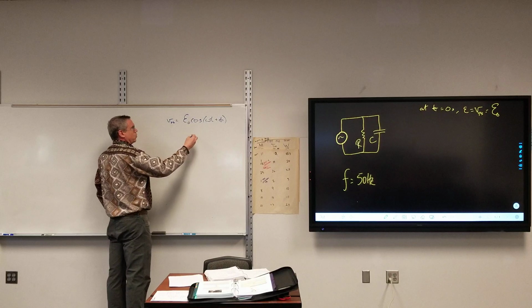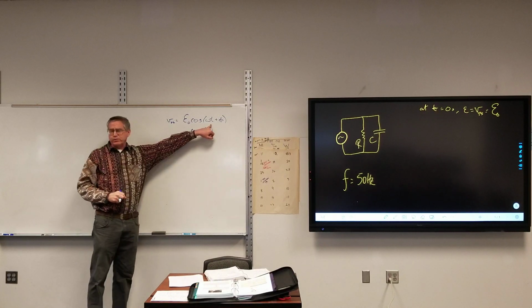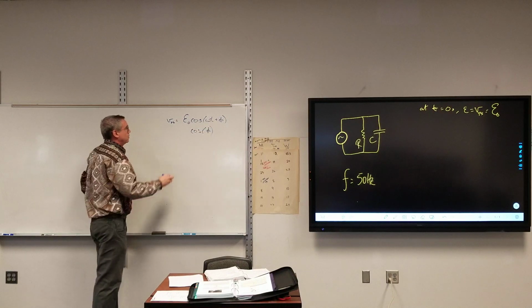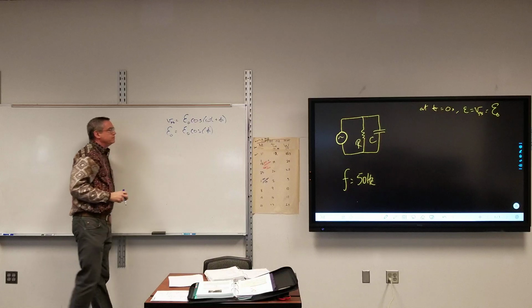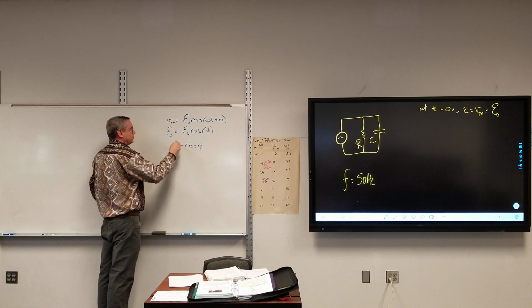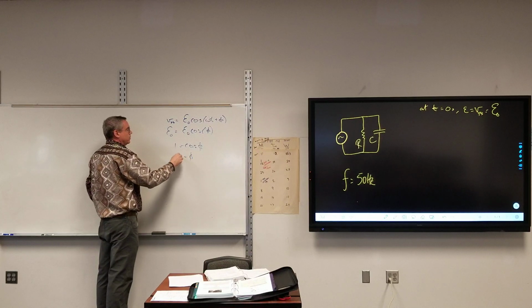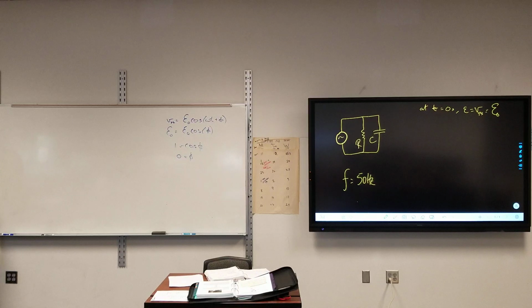So with cosine of phi, because when time is 0, the first term is 0, the cosine of phi is equal to 1, or phi would be equal to 0. And as is convention, I did not put units down, so it's understood to be radians.